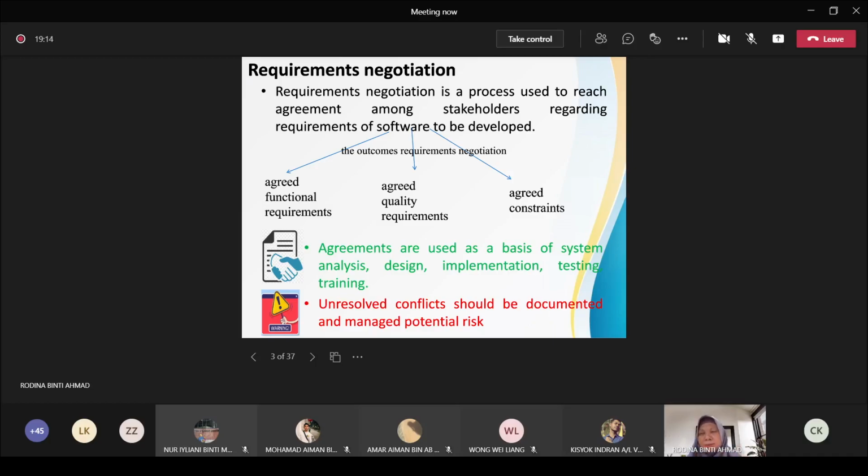We don't want to have such an outcome, because most of the time we want the system to be well accepted by the stakeholders. So if any kind of conflict occurs, we should be able to address it well.